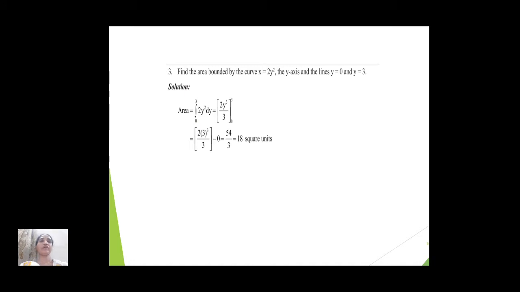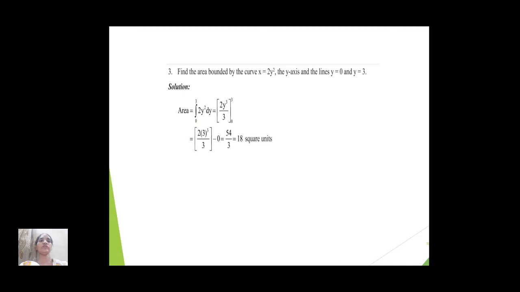Find the area bounded by the curve x equal to 2y square, the y-axis and the lines y equal to 0 and y equal to 3. Area equals integral 0 to 3 2y square dy, that equals 2 into integral y square, which is y cube by 3.